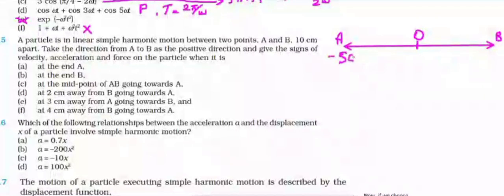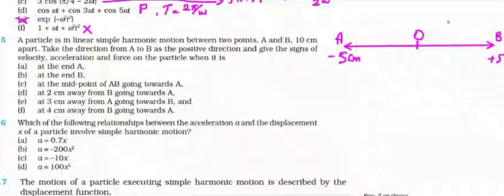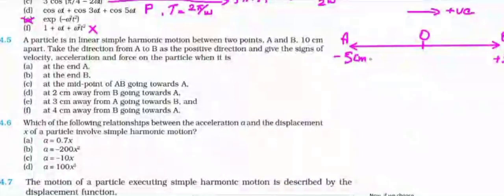Let us take minus 5 here and plus 5 here, because the direction from A to B is positive. So points A and B are the extreme positions and point O is the mean position.